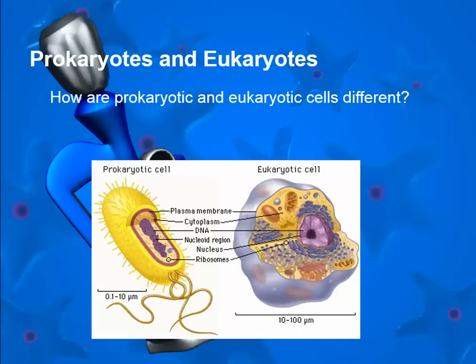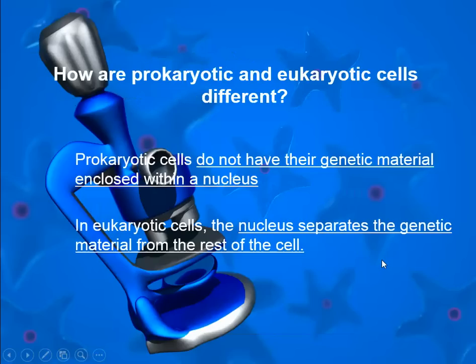Now, when we look at types of cells, we pretty much have just the prokaryotic cell and the eukaryotic cell. We are made up of eukaryotic cells, and bacteria are made up of prokaryotic cells. So you should have done your table probably by now, or you're getting ready to do your table on the organelles, and these are things that you probably already know. But the main difference between a prokaryotic cell and a eukaryotic cell is that prokaryotic cells do not have their genetic material in a nucleus.